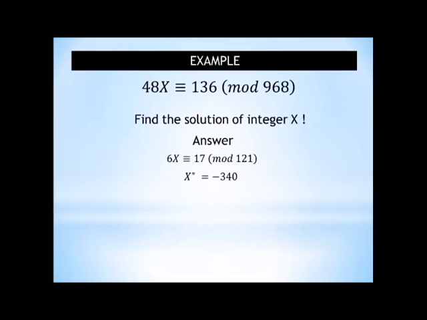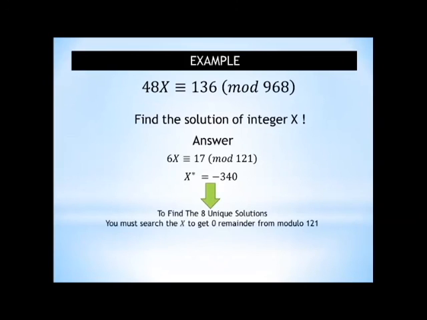Because the solution for this equation is minus 340, but it doesn't give the unique solution. To get the unique solutions, you must first find the x with remainder from 0 modulo 121.